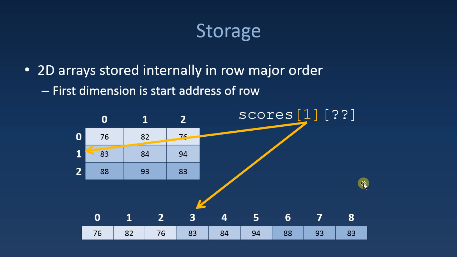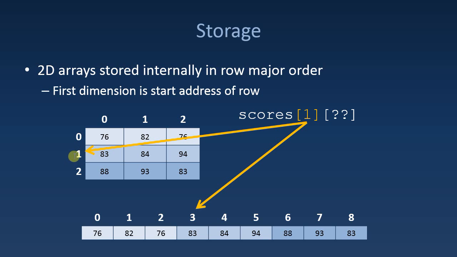The way we find a particular thing in the list is we look at the row number, and using that and the number of columns in the array, we can skip ahead the right number of steps.